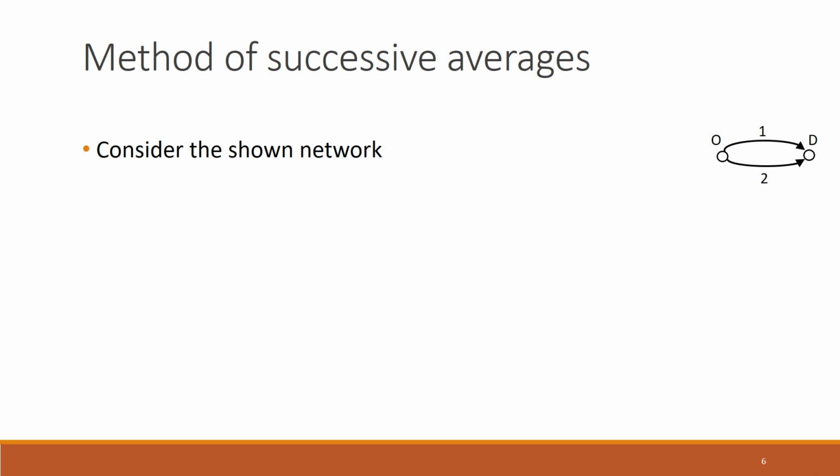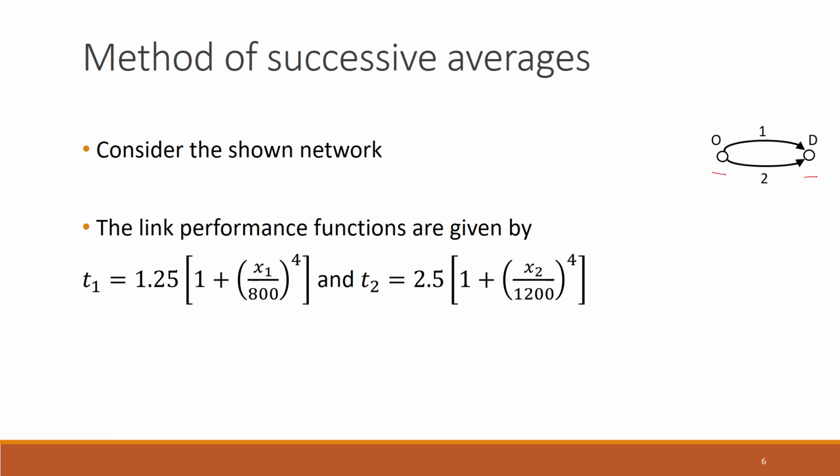Okay. So, now let us consider an example here. Suppose that we have this network where we have a single origin and a single destination, and there are two links connecting this OD pair. Suppose the link performance functions, or the travel time functions, are given by these expressions here. Here x1 is the flow on link 1 and x2 is the flow on link 2.